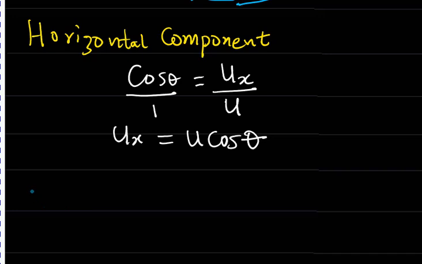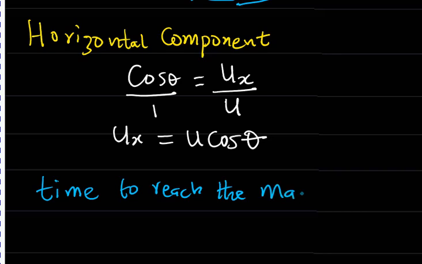But before the time of flight, we need to find the time to reach the maximum height. We use small letter t for this, as we already know.